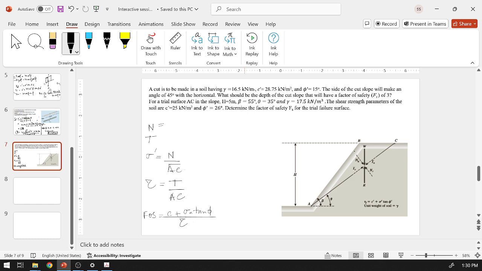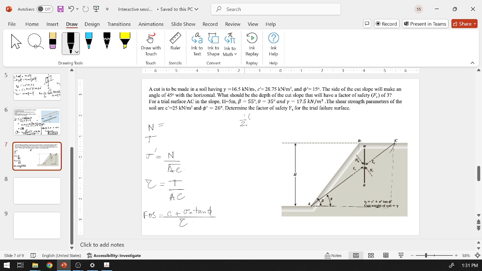When we calculate, n comes out to be the weight of this wedge, which is the volume. How much will the volume be? This is h, half of base into h. But how much will the base be?